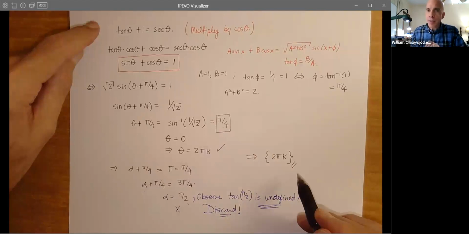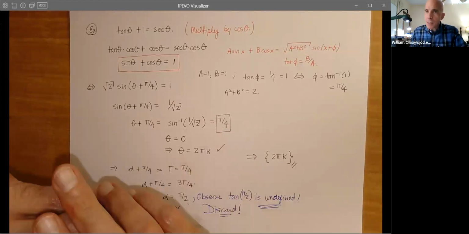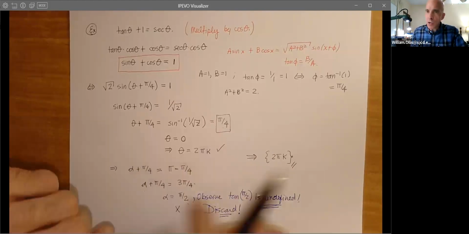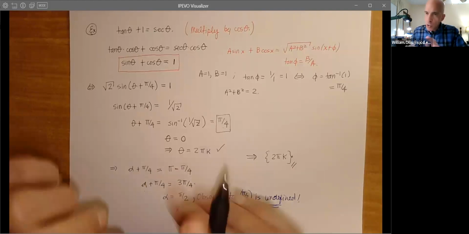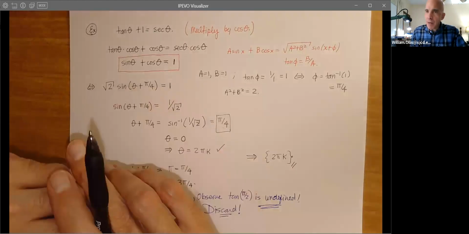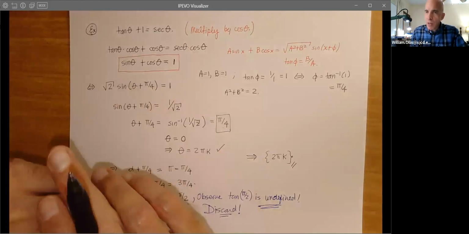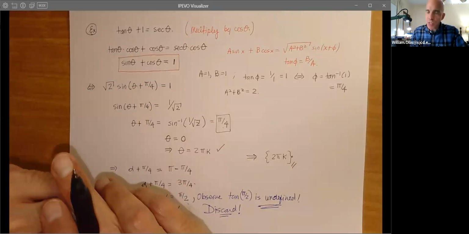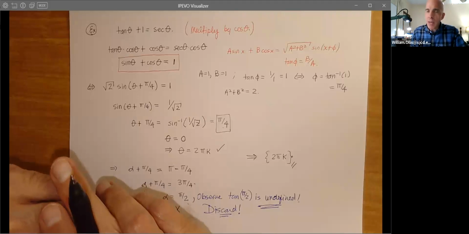So there probably won't be many instances where you will have this condition occurring, unless you either square or you multiply by some function that's variable. That's when you can actually introduce extraneous zeros. But we have no problem with that, ladies and gentlemen. That technique we use all the time. What's an identity?